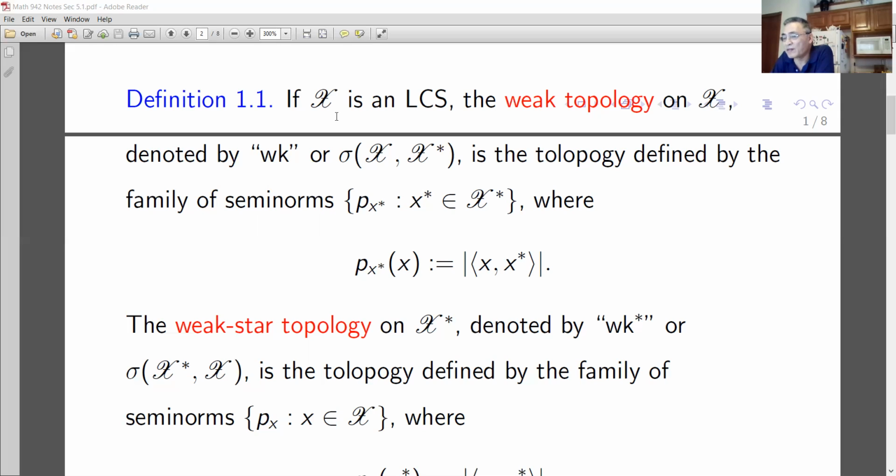The answer is this. In general, the weak topology is different from the original topology on X.